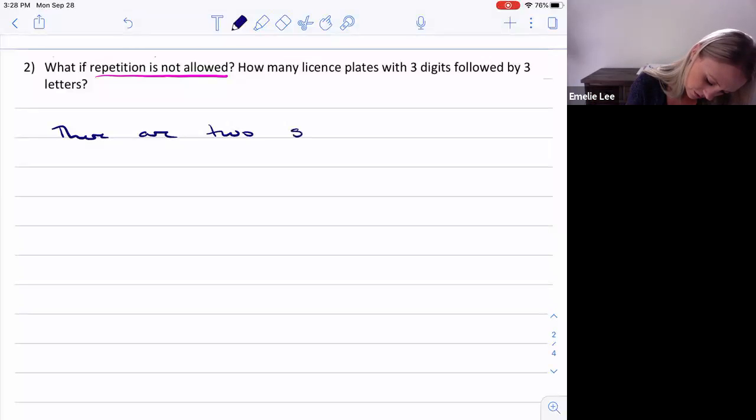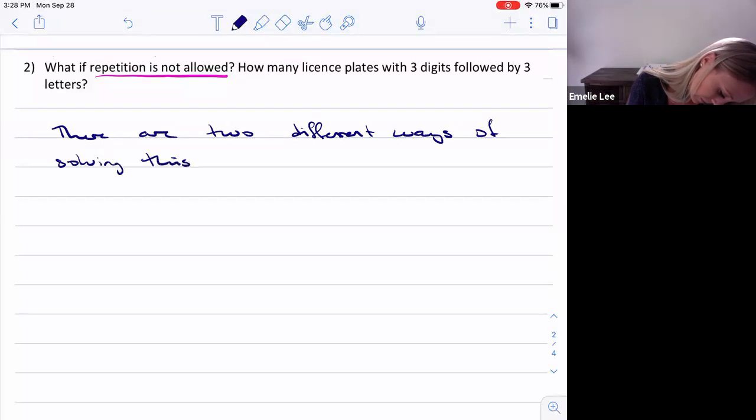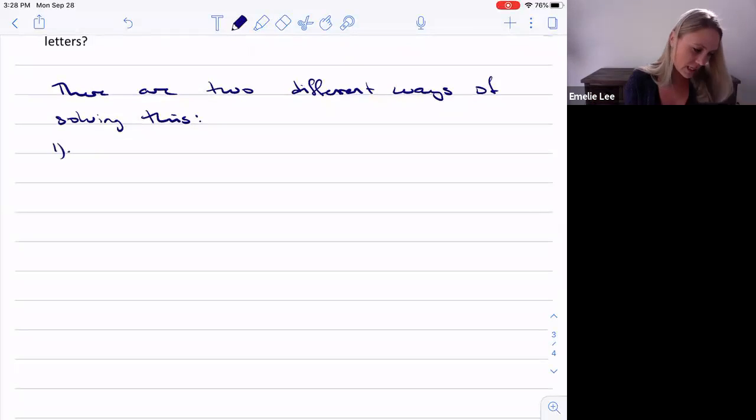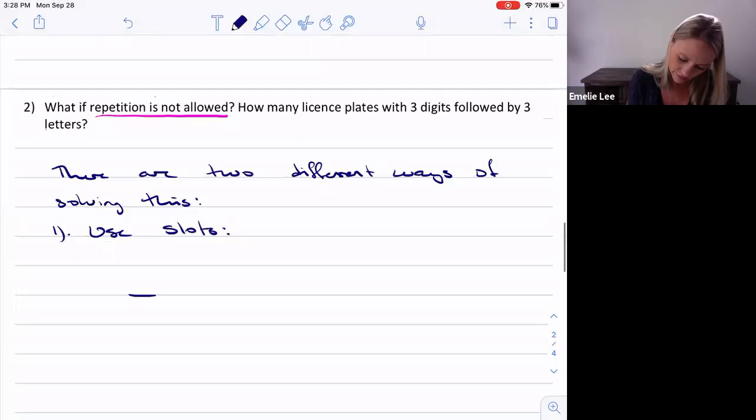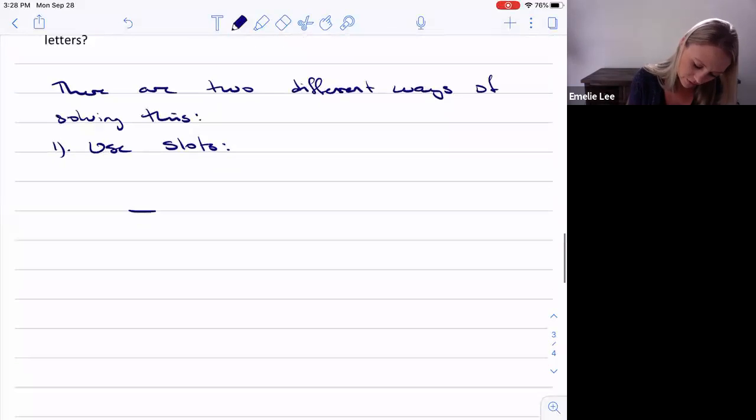There are two different ways of solving this. So the first way is we could use those slots again, right? But just remembering about the repetition. So now we're not allowed repetition, so we can use slots again. So we have 3 digits followed by 3 letters.